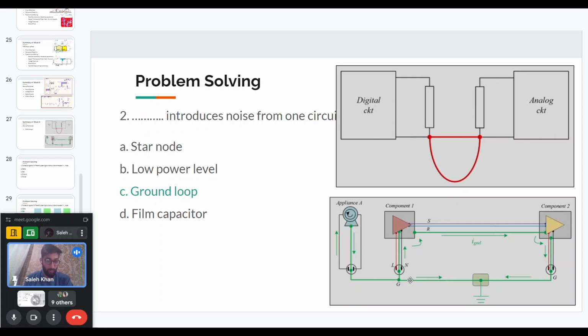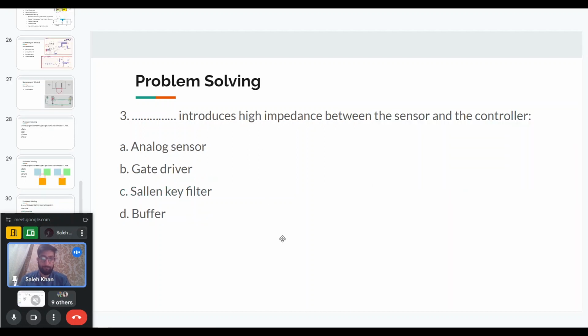And similarly, on the bottom side, if we have an appliance that has some leakage current or some common mode current that goes through the ground, once we have this ground loop, we have another path. So that path will create noise in component 1 and component 2. So the answer is the ground loop will introduce noise from one circuit to another.